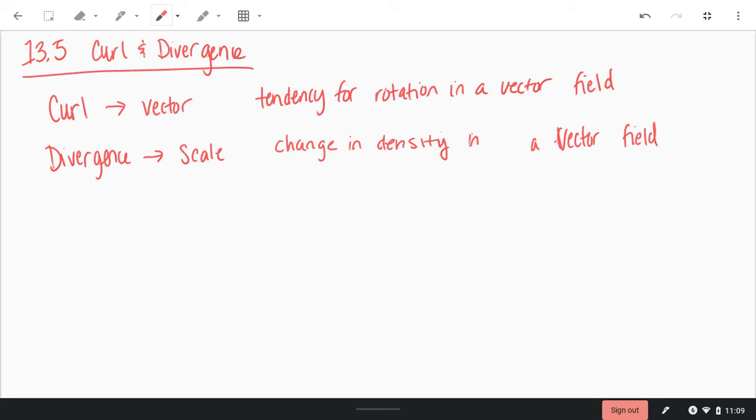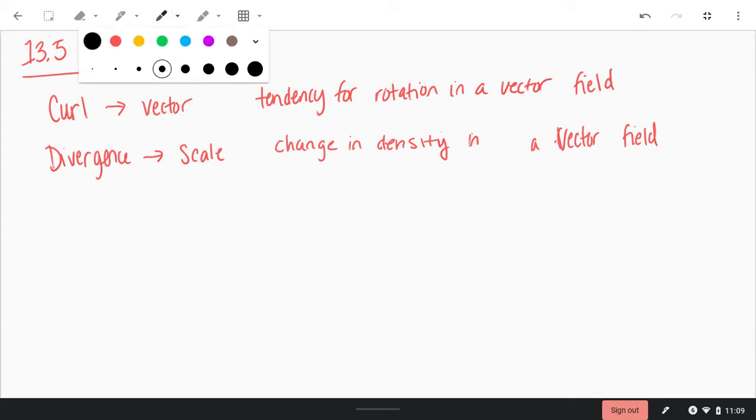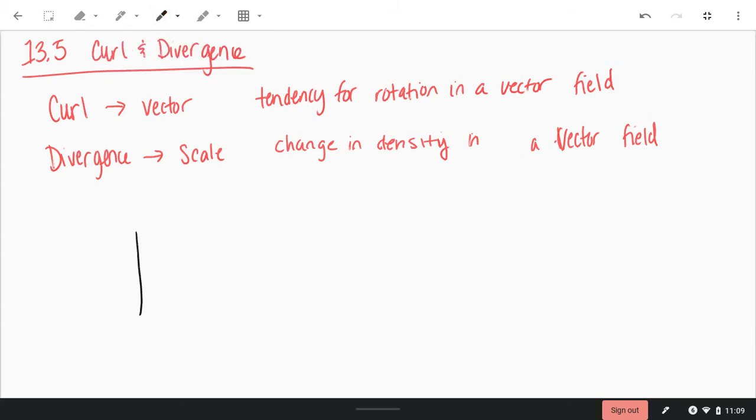So I can give you some examples here. If we have a vector field, and actually I'm going to use a computer to graph this one for you later, but if I have a vector field that looks like this, so I'm trying to make all these arrows the same length, smaller on the inside, bigger as we move out.